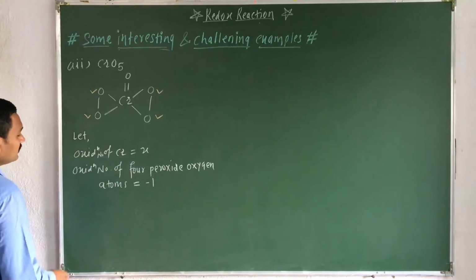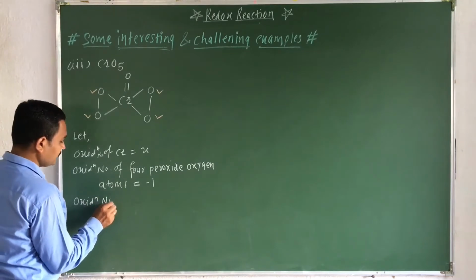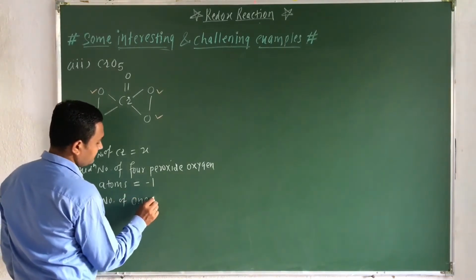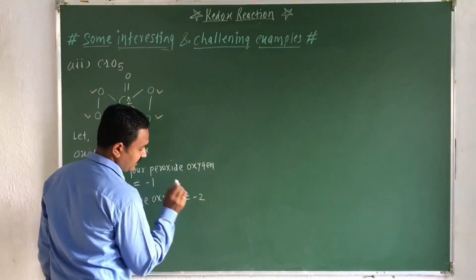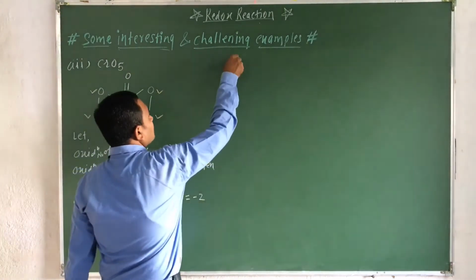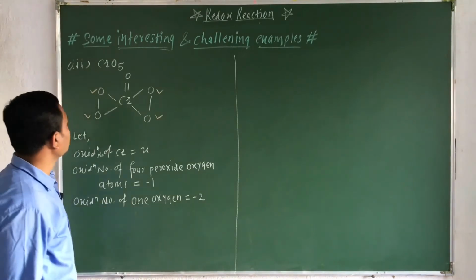Now next, the oxidation number of one oxygen atom will be equal to -2. Is it right? So after writing this particular equation, now we can find out the oxidation number.